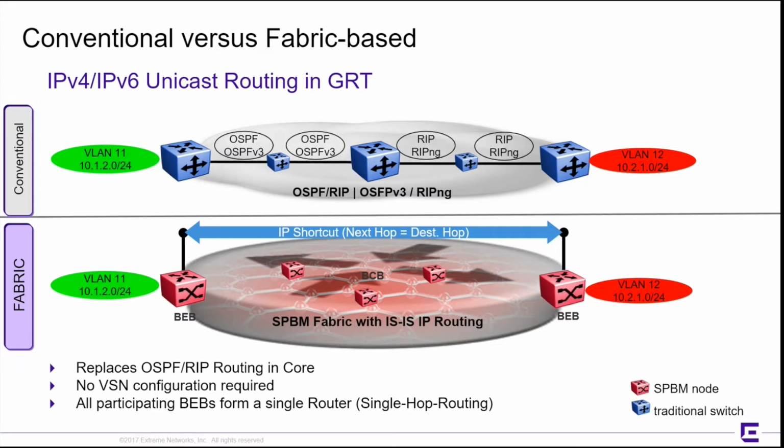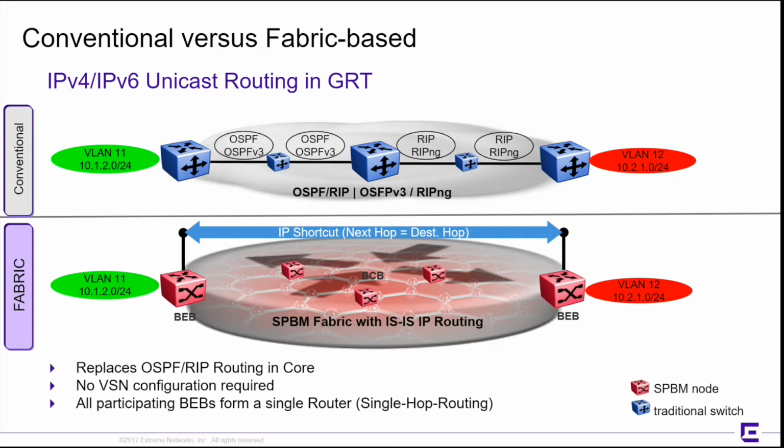Constantine, anything to add on this slide? Yeah, thanks, Jim. I really do like this slide because I think it does a really nice job of representing the way that IP shortcuts and the global routing table implement routing in a way that's integrated with ISIS and shortest path bridging, rather than it being protocol layered upon protocol, right?